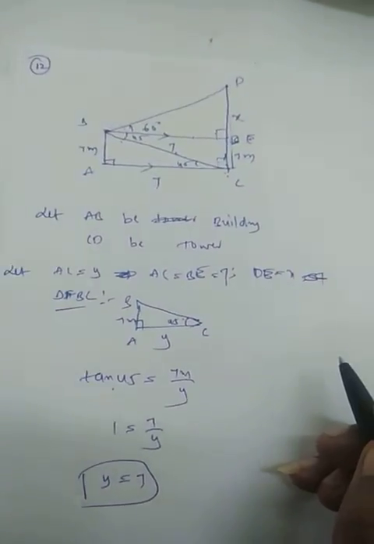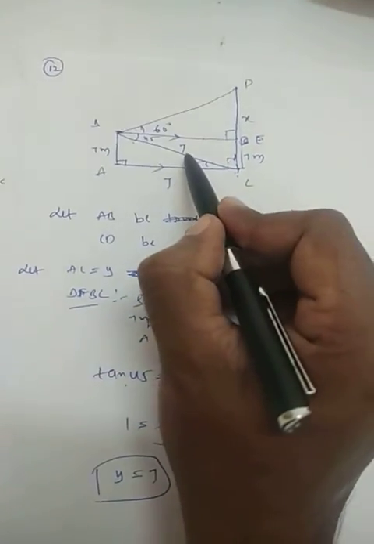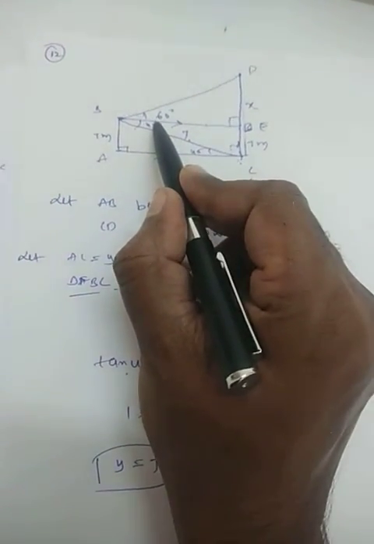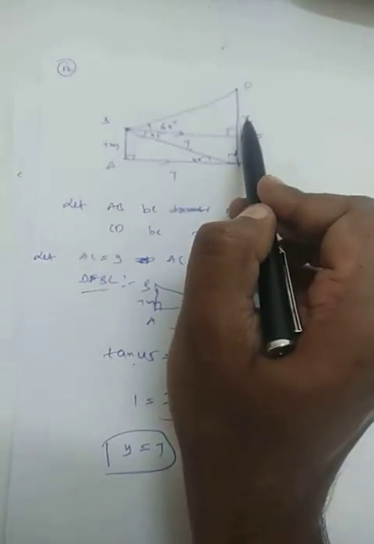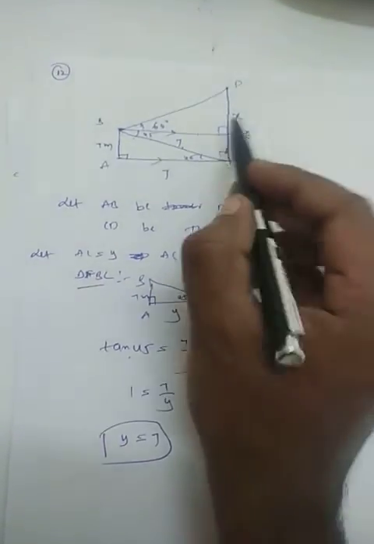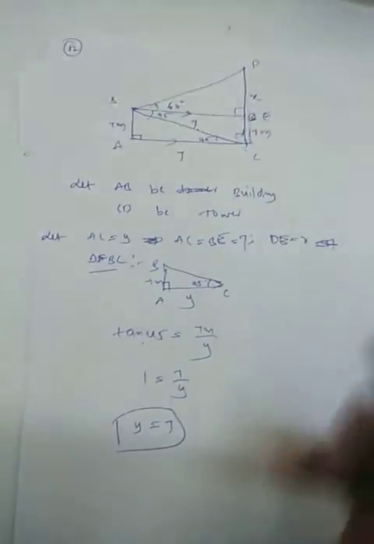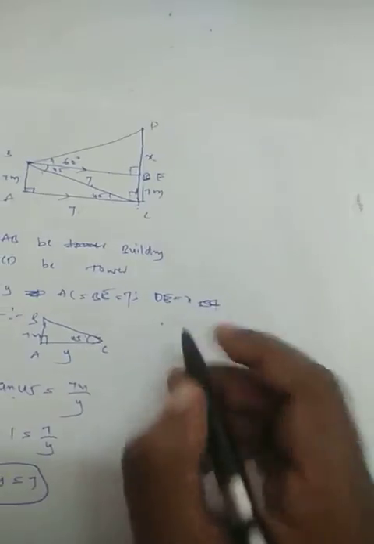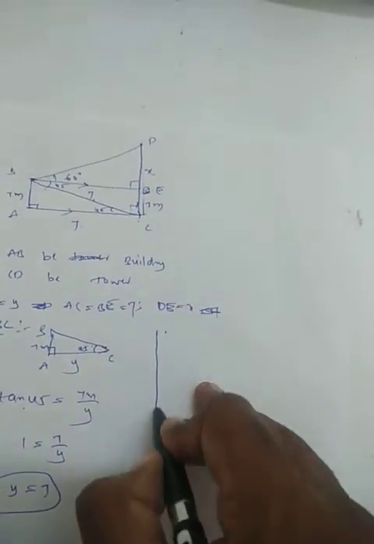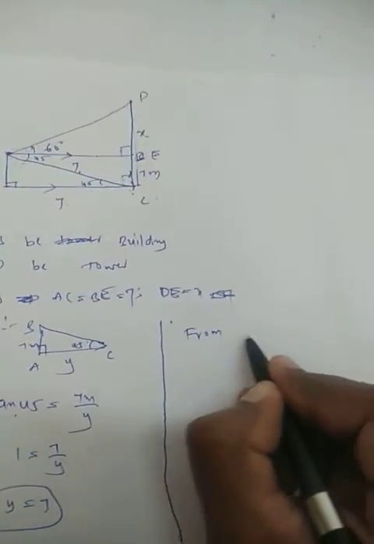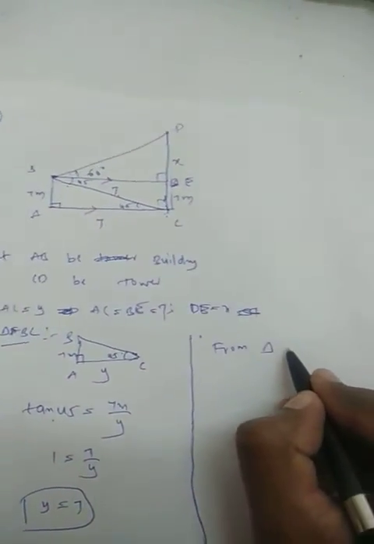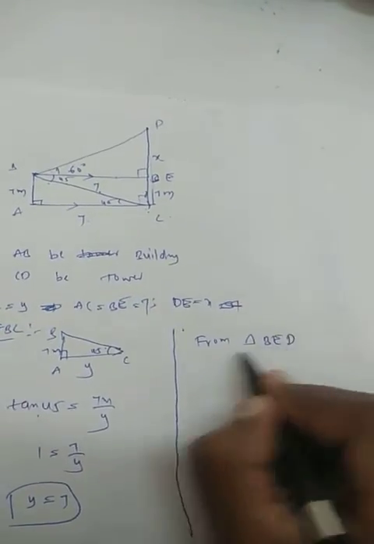If this value is 7, then the angle here is 60 degrees. So first we take this triangle, then we can find the value of x. The total height of this tower will be x plus 7. So I am taking triangle BED.